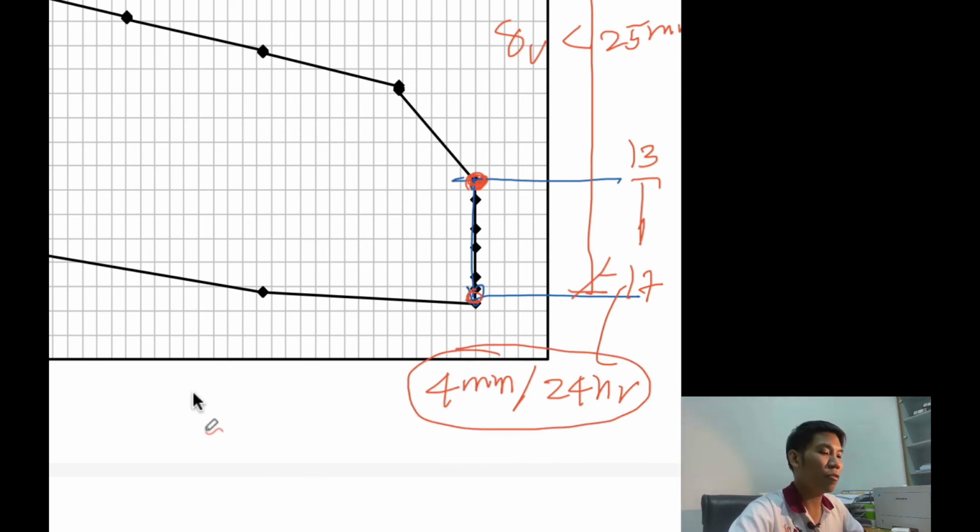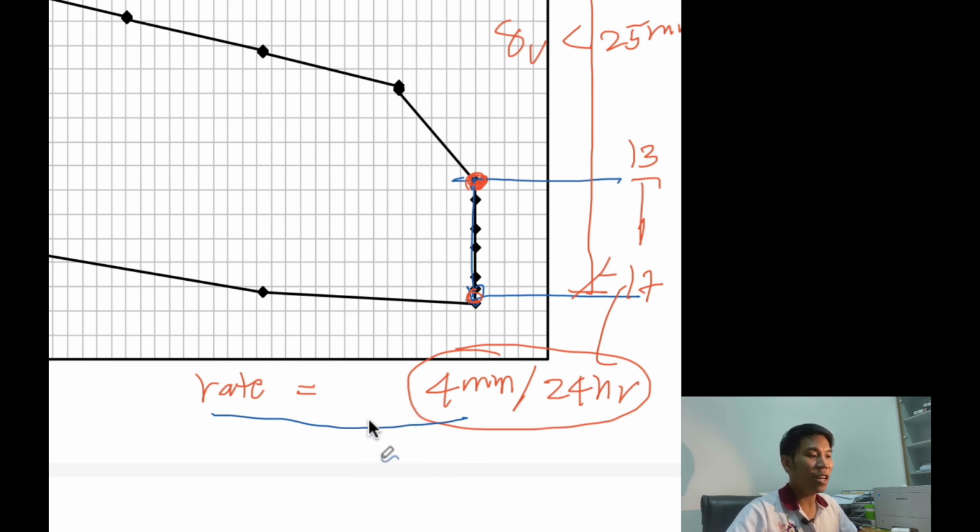Here is the rate of settlement. You have to check whether this rate of settlement is higher than 0.25 millimeter per hour or not. If it's lower than this level, the pile test is passed. This one is number 1 and 2.